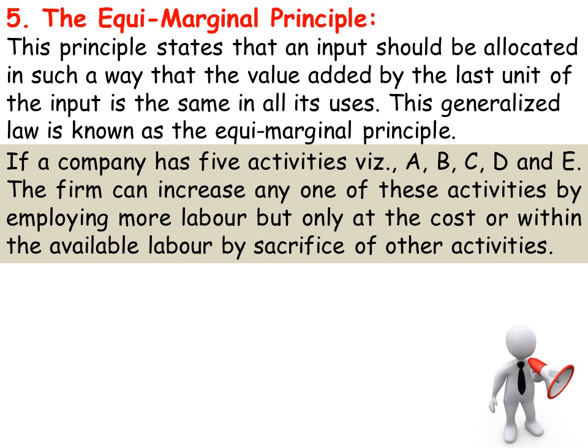Then the activities will be equalized. So in one activity, if the employees are making more profit, the manager or the company must send them to the other activity where production is very low, so that all the activities get equalized and the output of the company is equalized.